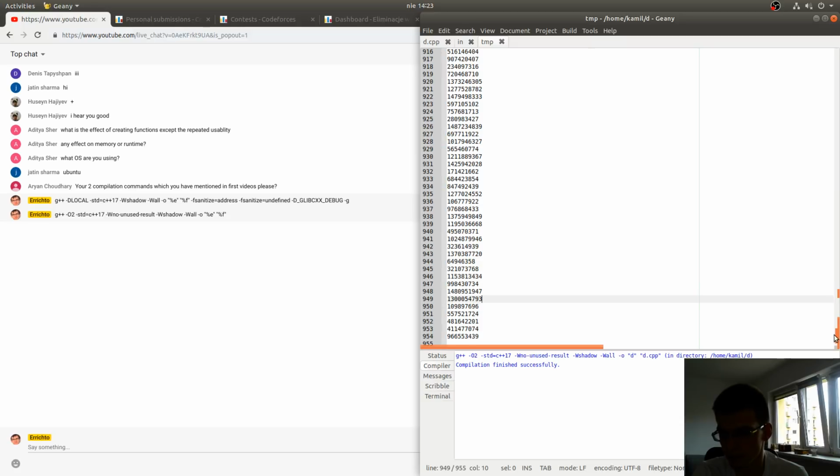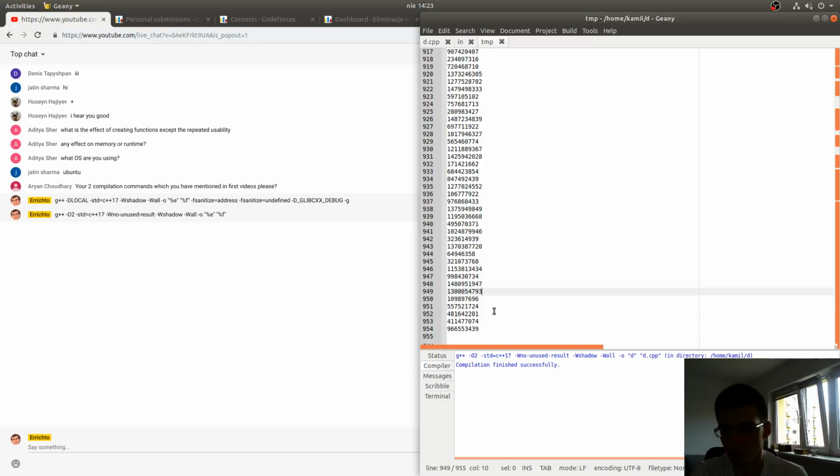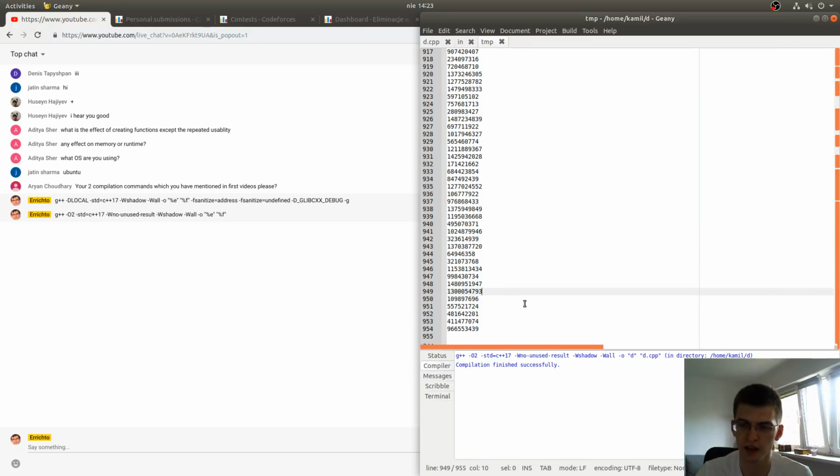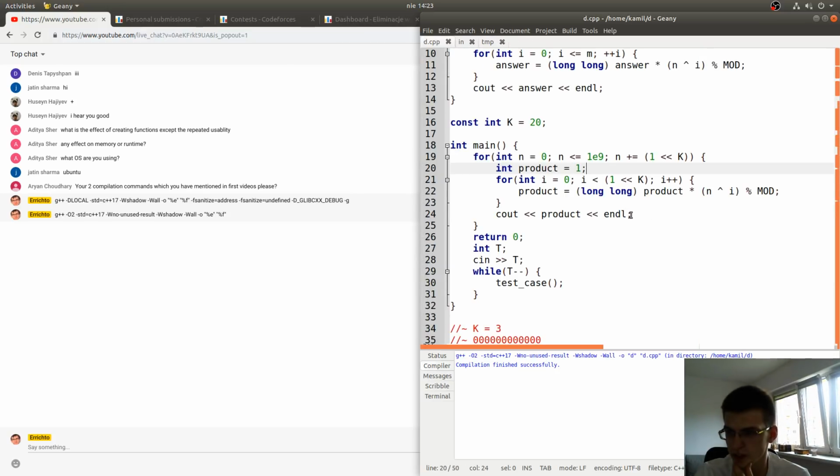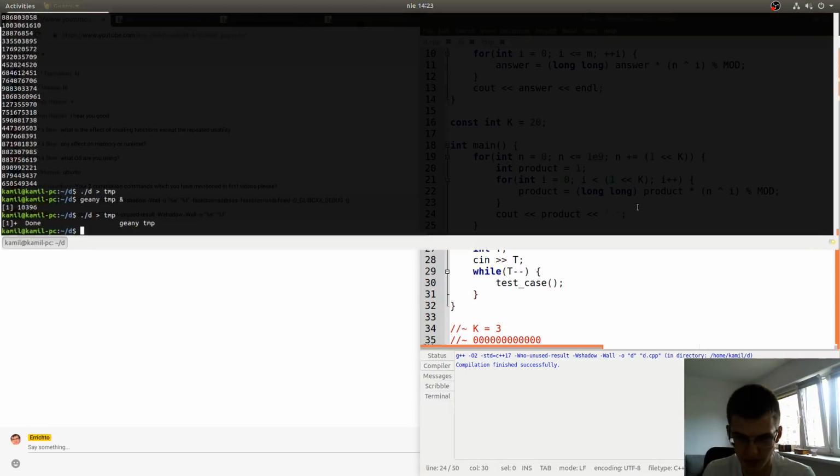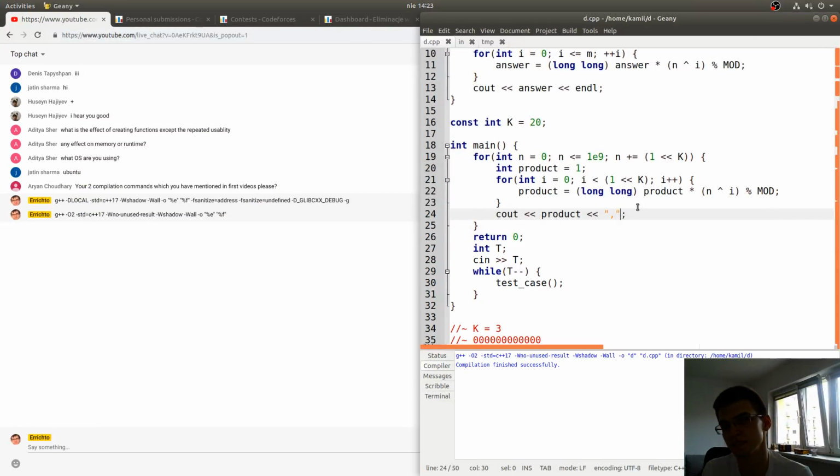Okay, and we got some numbers. We want to paste them into code, which is hard in this format. So instead of that, let's put it with commas. So here I will write a comma, because then I can paste it as an array.